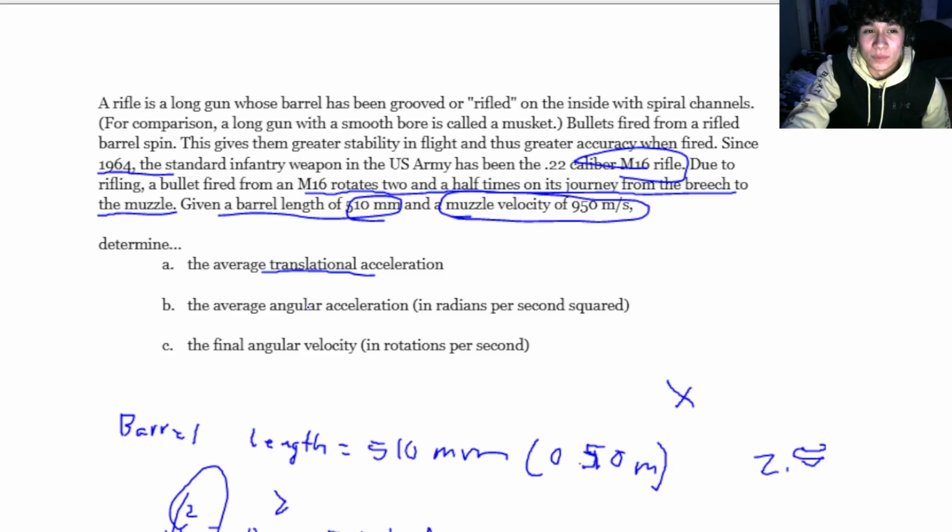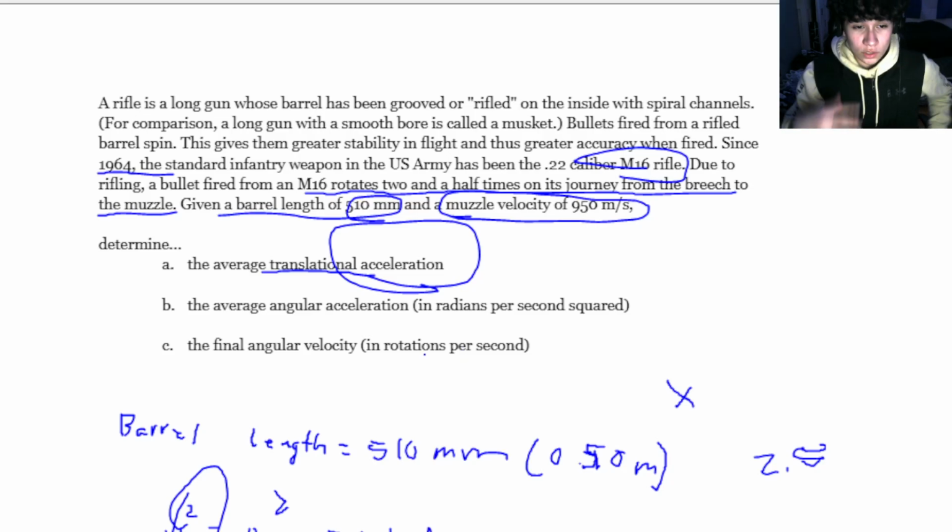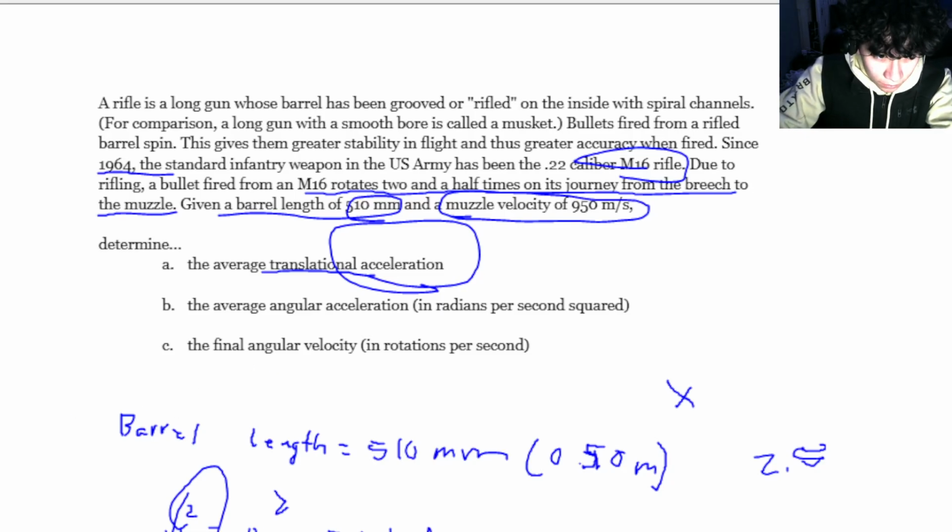If I'm trying to find the average translational acceleration, all I'm going to do is rewrite the equation in a way that people could decipher if they read my paper. Notice how acceleration is on the right side of the equation.